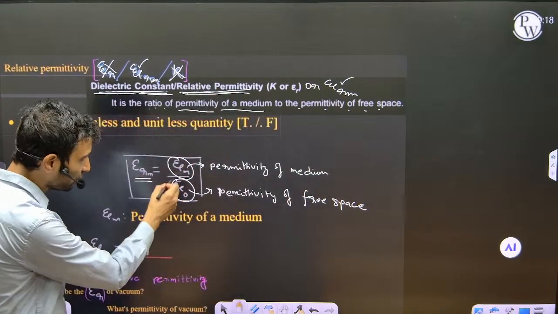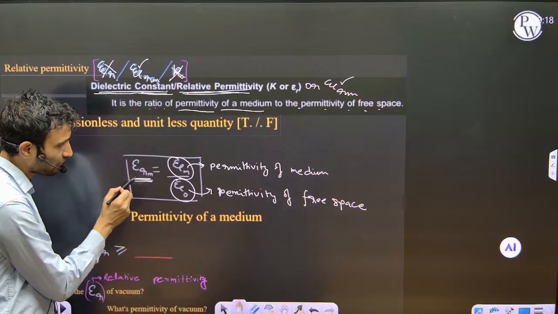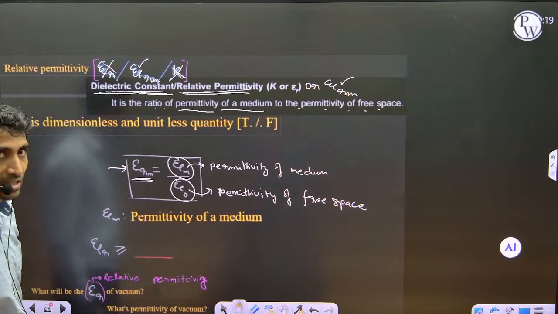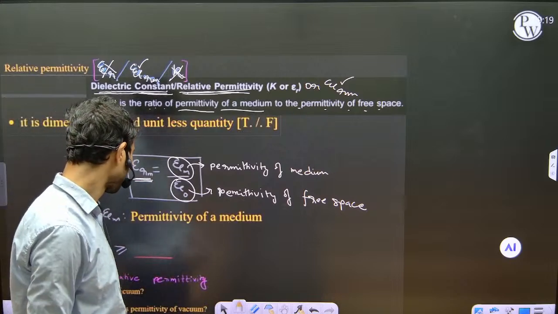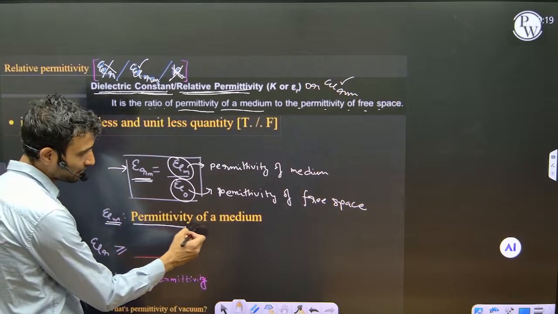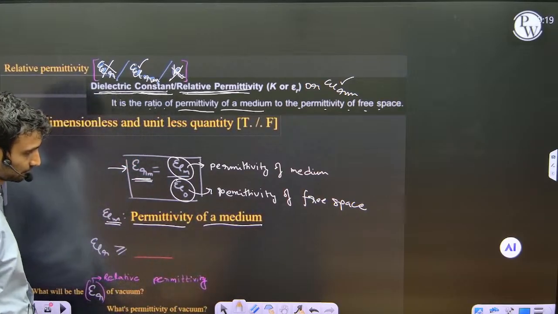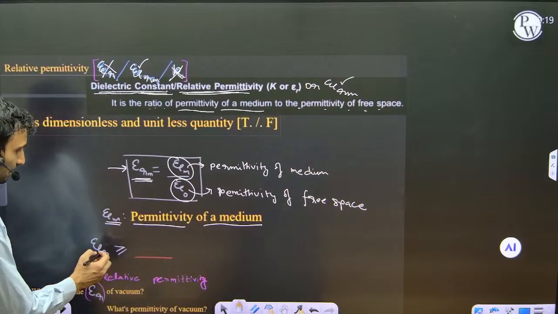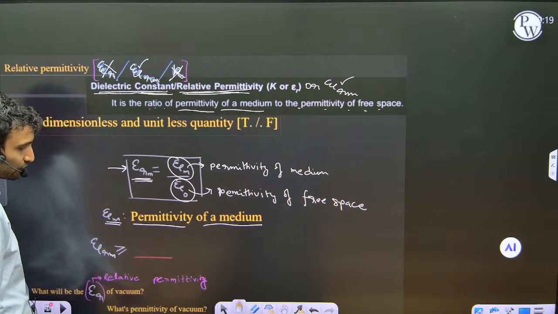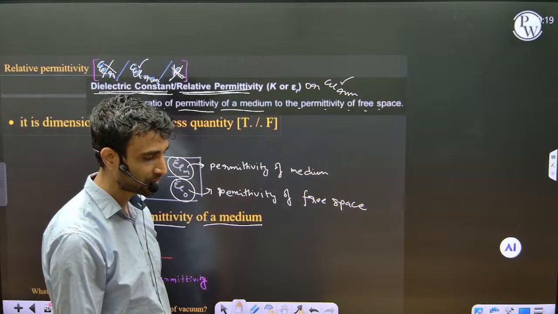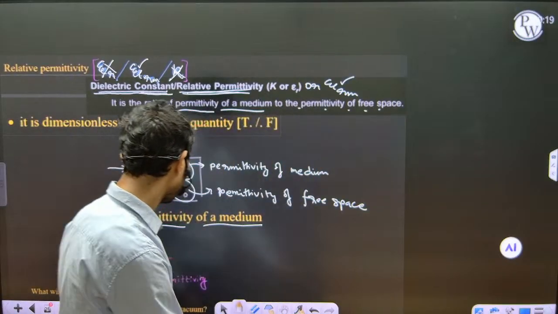And when you divide the two permittivities, what you get is called epsilon rm, which is called relative permittivity. Here, epsilon m is the permittivity of the medium. And epsilon rm value is always greater than or equal to, can you guess? It is always greater than which value? Always greater than 1.